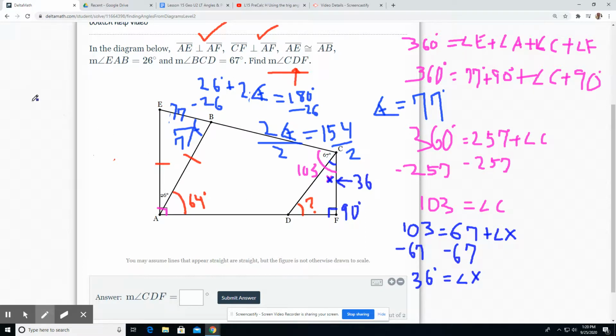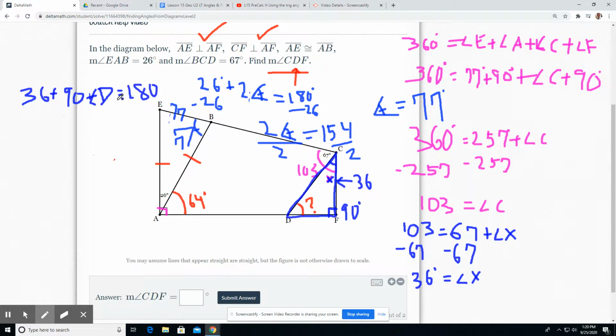So I have the angle X is 36 plus angle F is 90. I'm inside this triangle right here, so all the angles of that triangle have to total 180. 36 plus 90 plus, I'll call it angle D for now, has to equal 180.